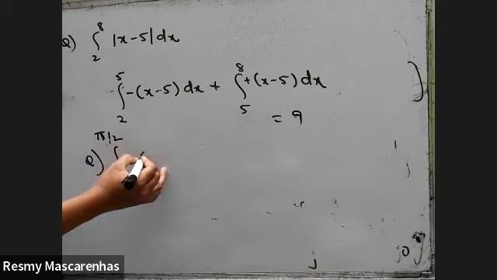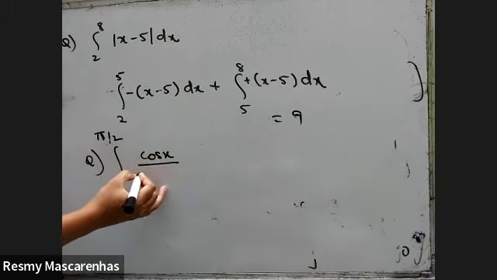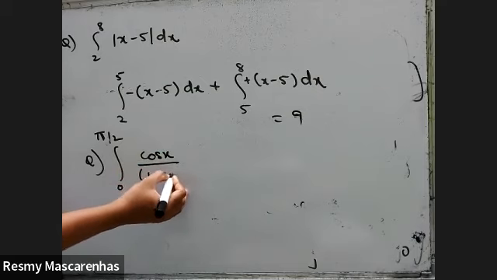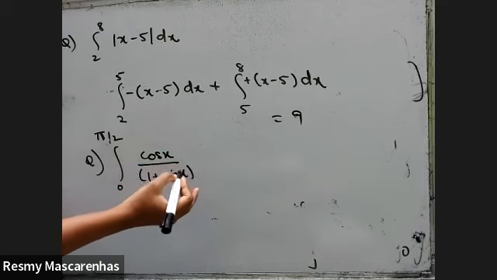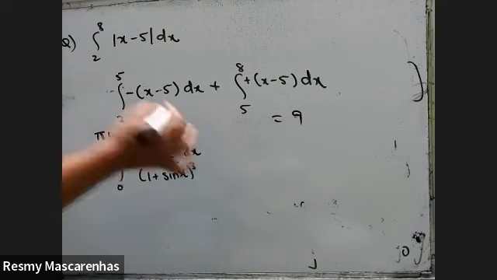Integral from zero to pi by 2 of cos x upon (1 plus sin x) the whole cube dx.